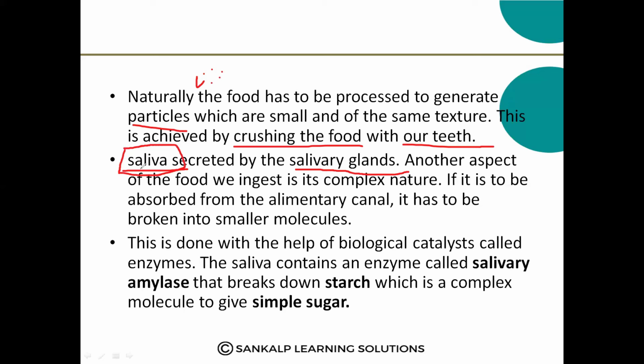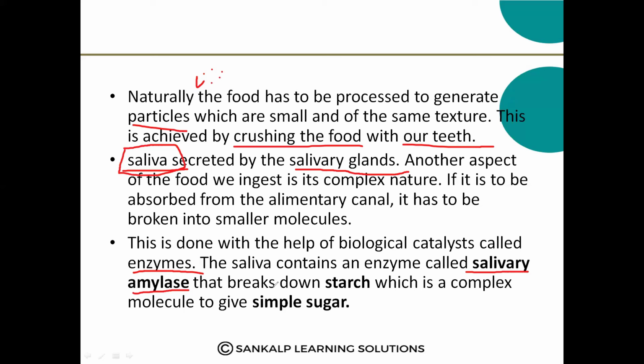This saliva helps with digestion. Saliva contains one enzyme called salivary amylase. Very important. What are enzymes? Enzymes are catalysts, meaning they increase the rate of the reaction, right? So these enzymes increase the digestion process.